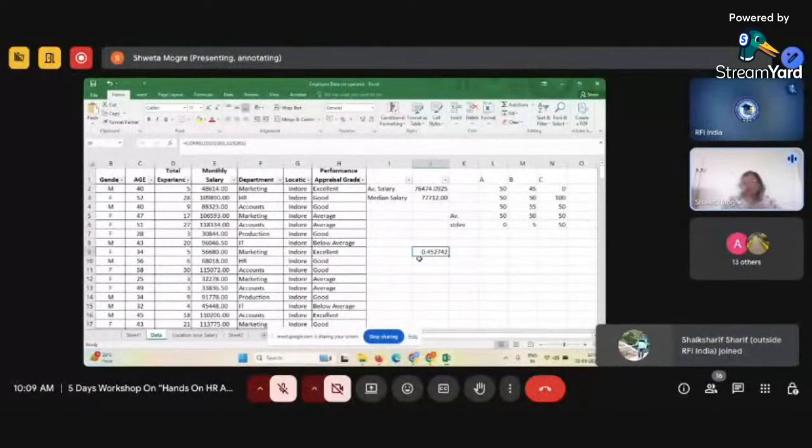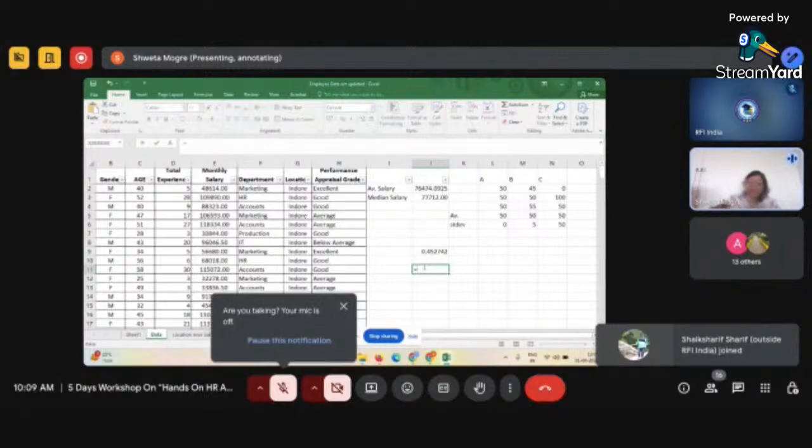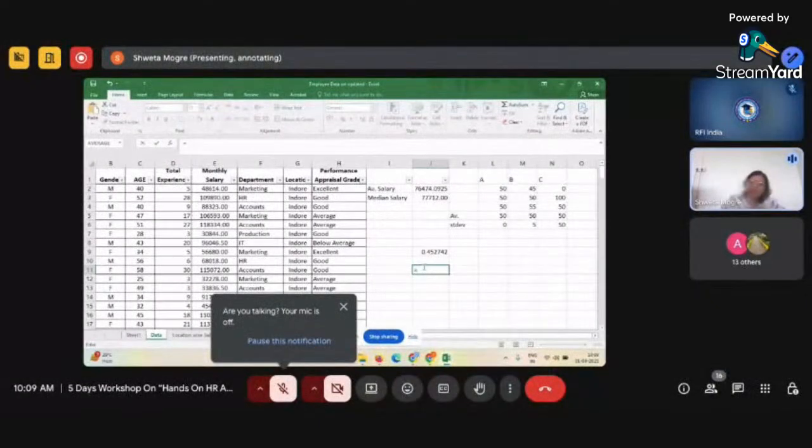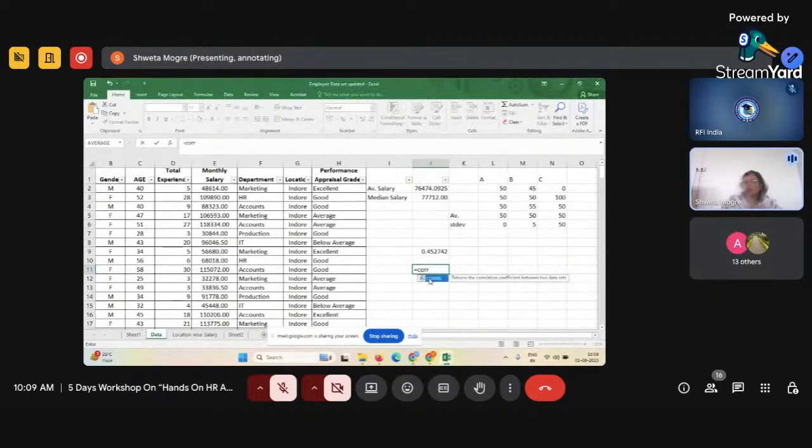Okay. So there are 2-3 methods. Number one, we can directly type the formula. Any formula in statistics starts with equal. For correlation, the formula is equal CORREL, bracket, and then we provide the array of the first variable, the variable which we assume independent.